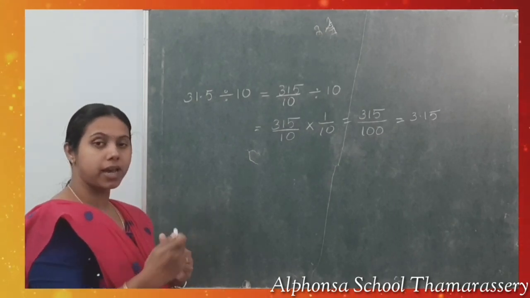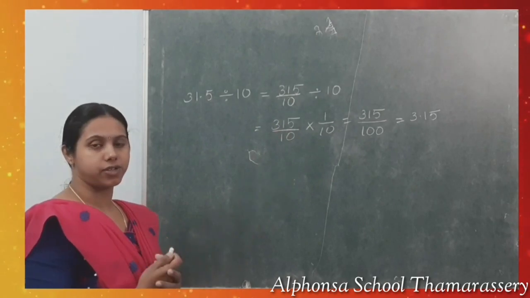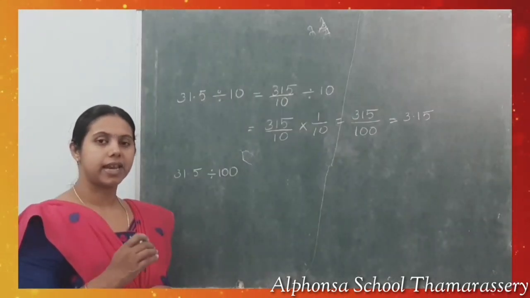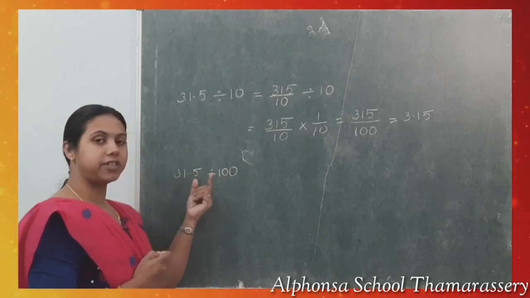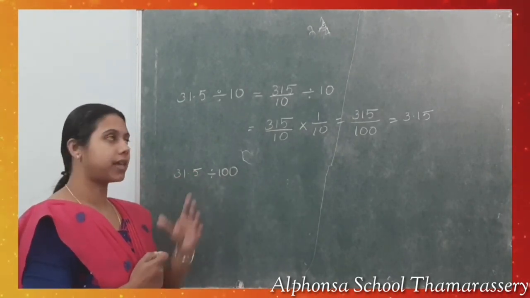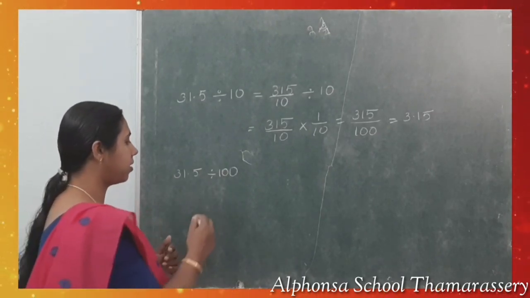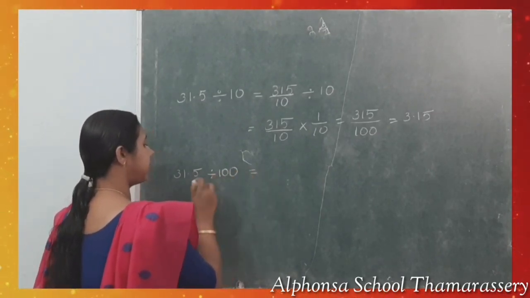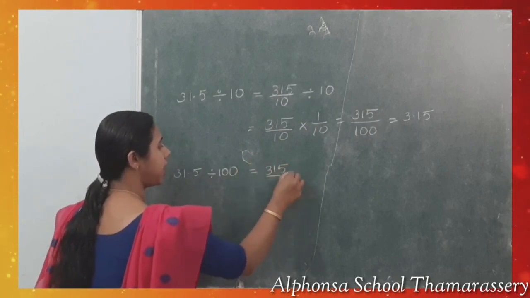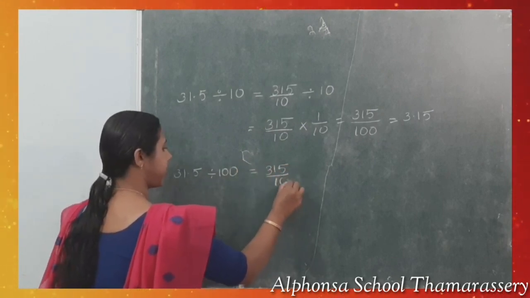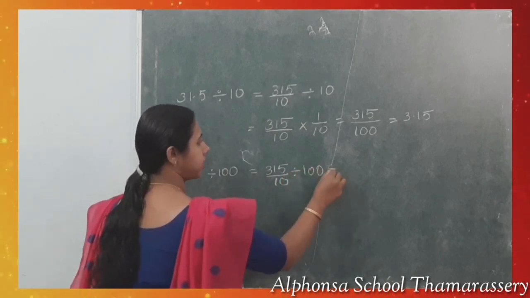When you are multiplying, the decimal point moves from left to right. Let us see one more example: 31.5 divided by 100. Same number, divided by 100. Let's see the answer. 31.5 we can write as 315 by 10 divided by 100.